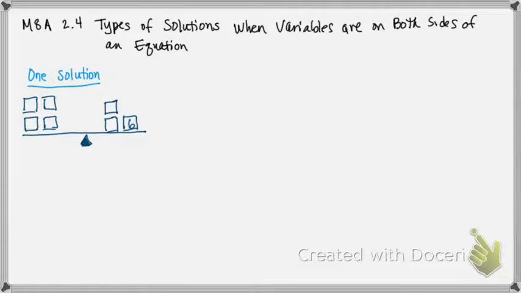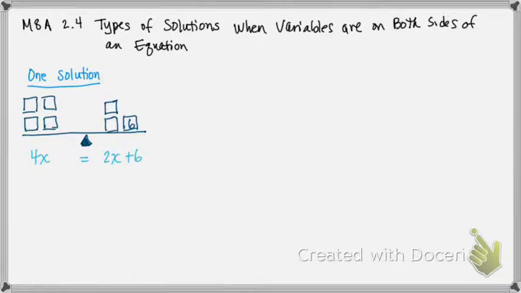How we would interpret this is each box would represent some unknown amount, so we're just going to call it x, so 4x. The balance point is saying what's on the left of that point is going to be the same as what's on the right side. So we have two mystery boxes, we don't really know what's in them, and then there's a 6.